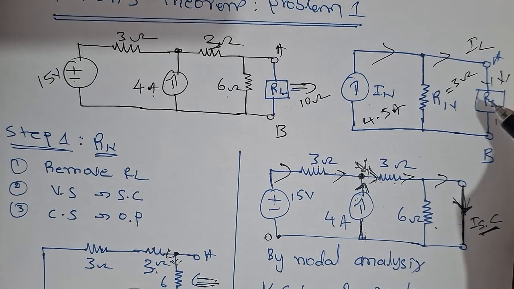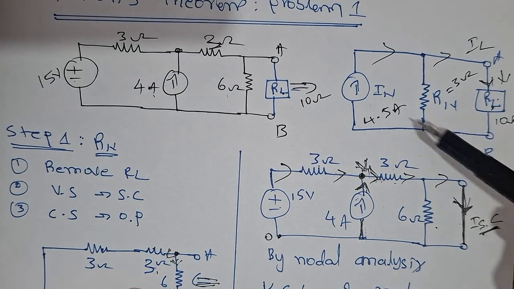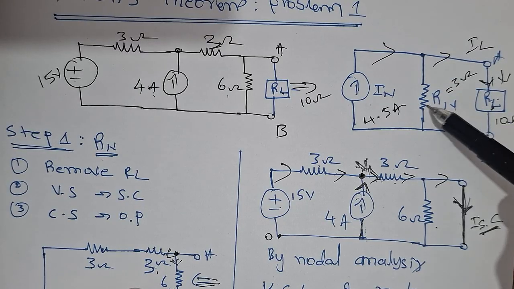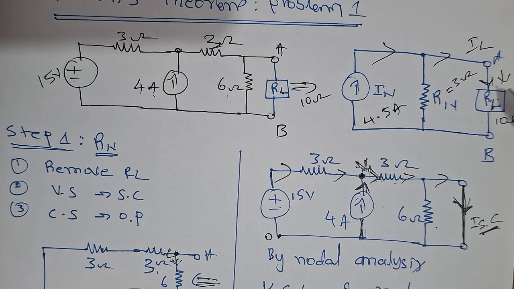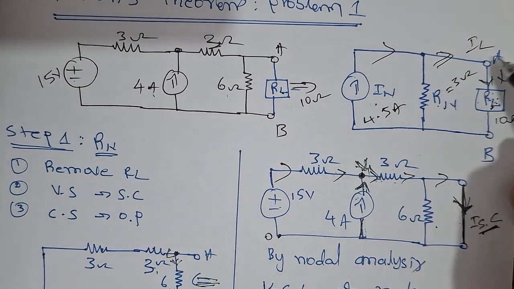The current flowing in a branch is equal to the total current times the opposite resistance divided by the total resistance. For this branch, the opposite resistance is the Norton resistance. Then you get the current flowing through the load. That's called the current divider rule.